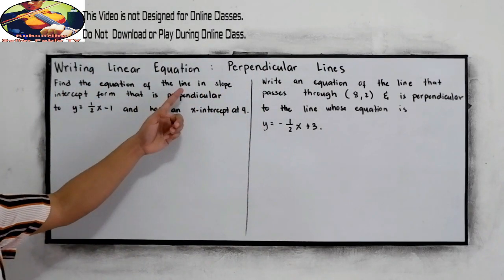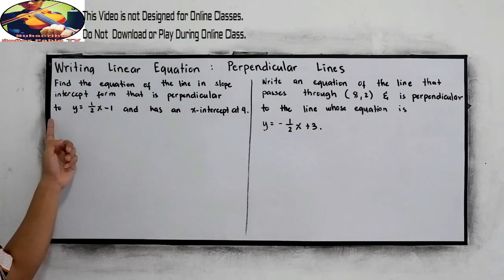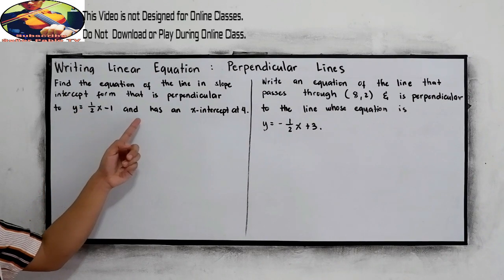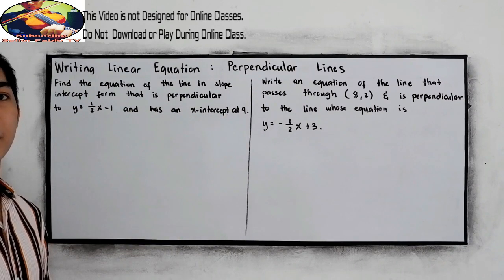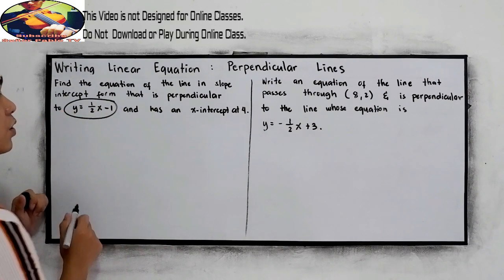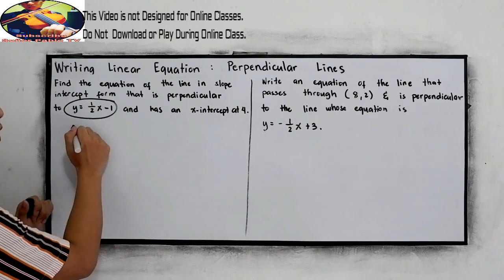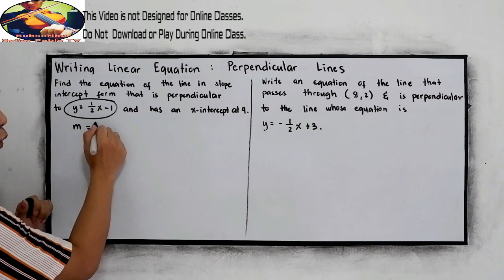Find the equation of the line in slope-intercept form that is perpendicular to y is equal to 1/2 x minus 1 and has an x-intercept at 4. Given the equation of the line, y is equal to 1/2 x minus 1.